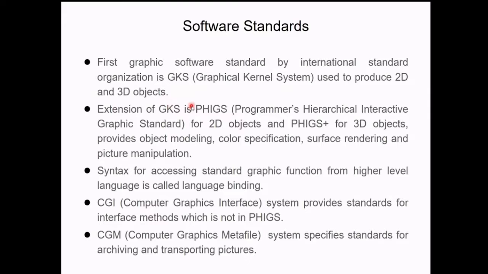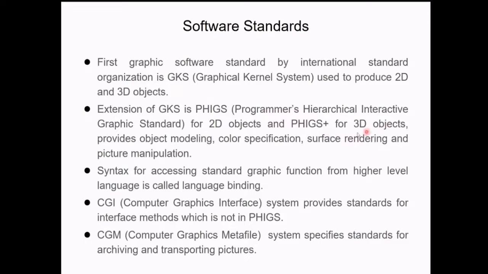Then some kind of extension came to the GKS software, that is PHIGS. What you are using right now is the PHIGS software. That is Programmer's Hierarchical Interactive Graphics System for 2D objects, and similarly PHIGS plus for 3D objects.